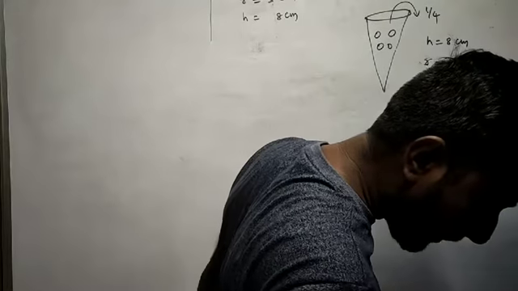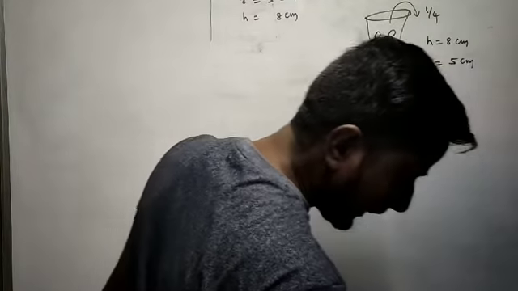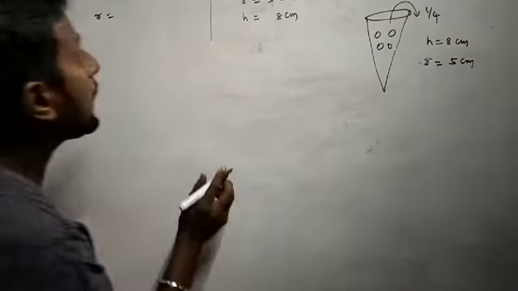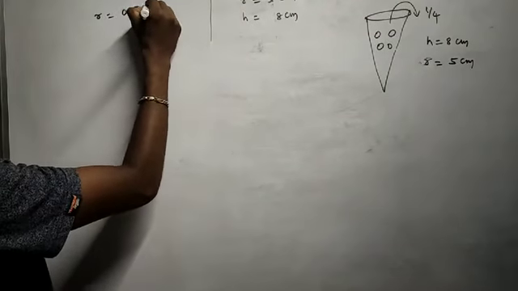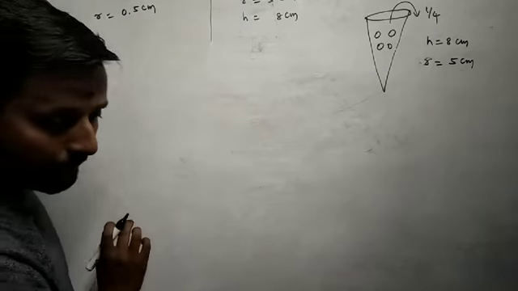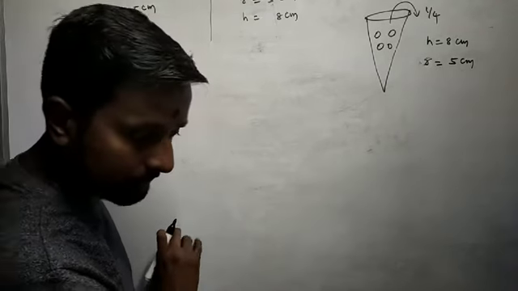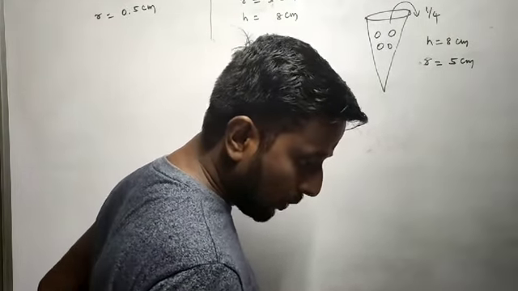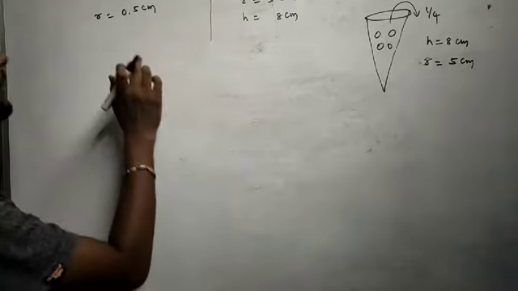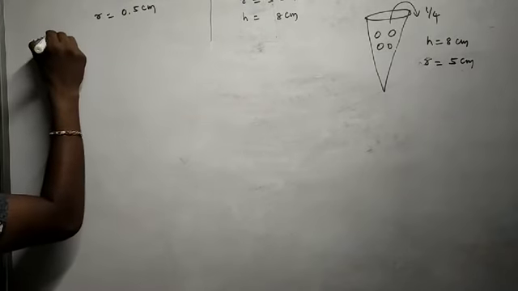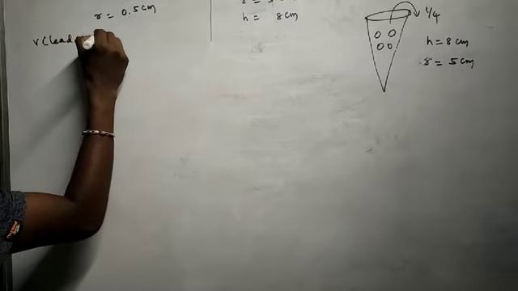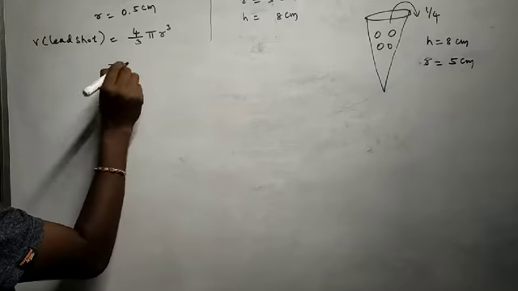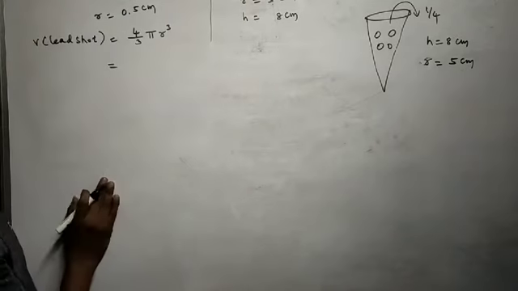Now the lead shot measurements he has also given, that is, radius of the shot is 0.5 centimeters. So what I want to write, volume of a lead shot, I'll write as 4/3 pi r cube because it is in spherical form, correct?